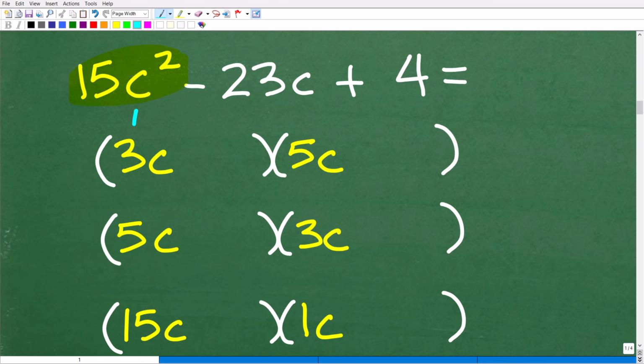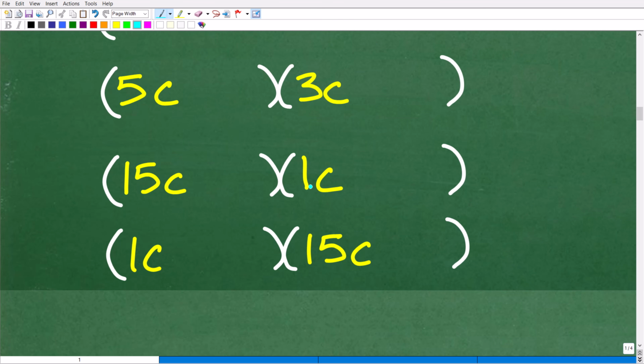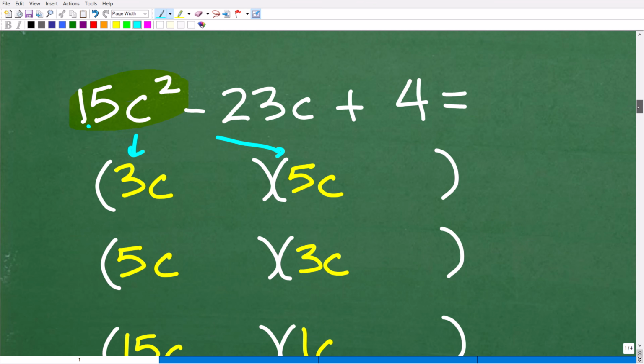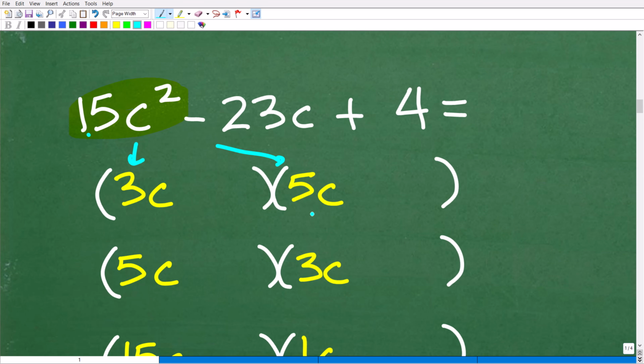They're going to go in these positions right here. So 15c squared, I'm thinking, oh, that could be 3c and 5c, because those multiplied together get me back to 15c squared, or it could be a 5c and a 3c in this position, or it could be a 15c and 1c here, or 1c here and a 15c there. And these are the first positions of these respective binomials.